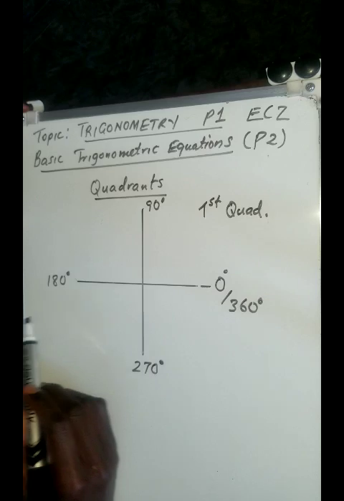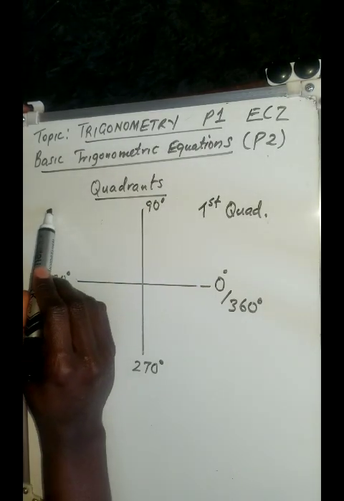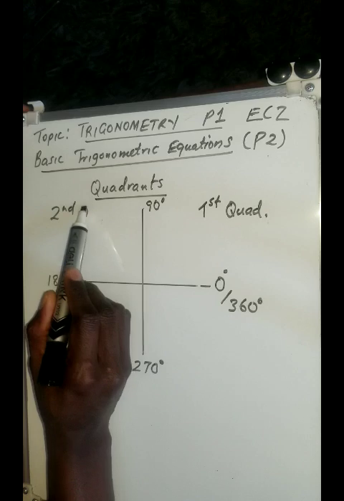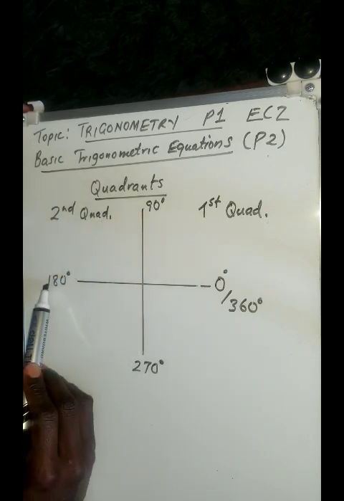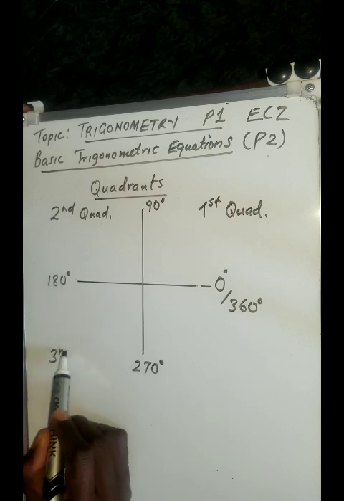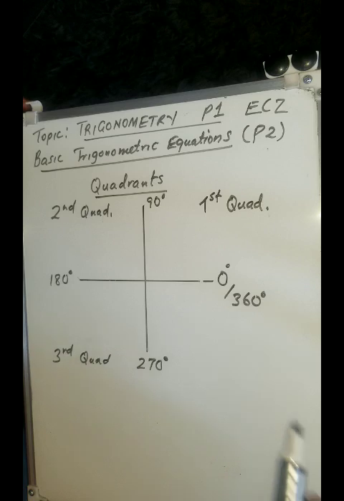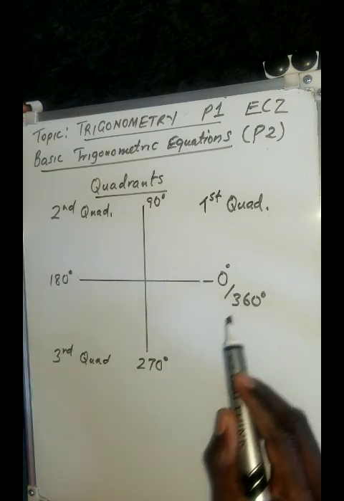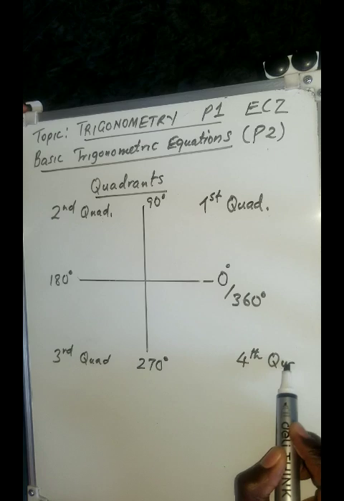Angles between 90 and 180 fall into the second quadrant, and angles between 180 and 270 fall into the third quadrant. Then angles between 270 and 360 fall in the fourth quadrant.